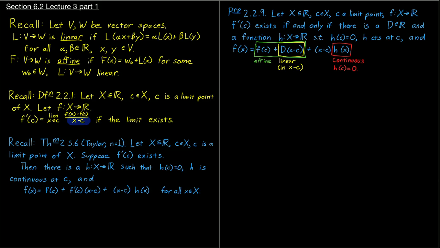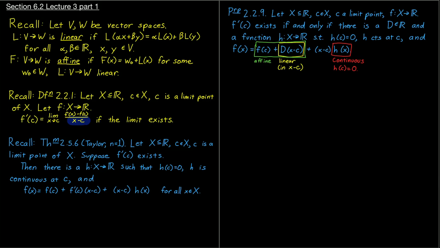Well, I know what all of those things are. I know what a linear function from RP to the real numbers is. I know what an affine function is. I just add a constant. I know how to deal with a continuous function, and I know what number I want to say is 0.